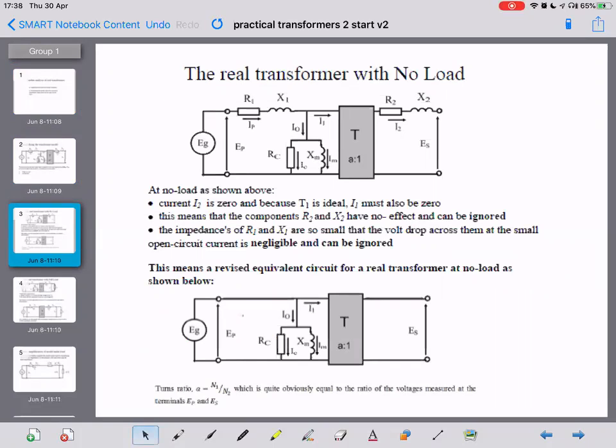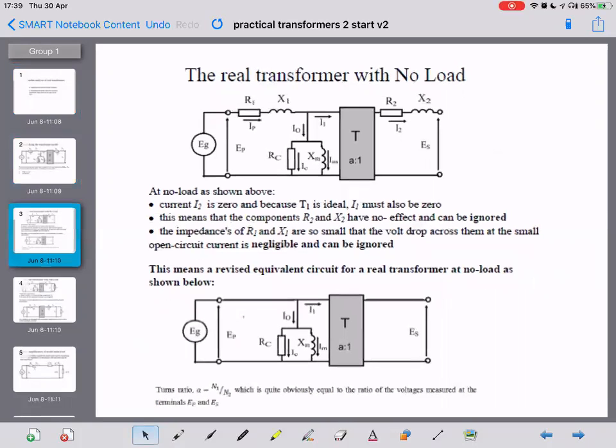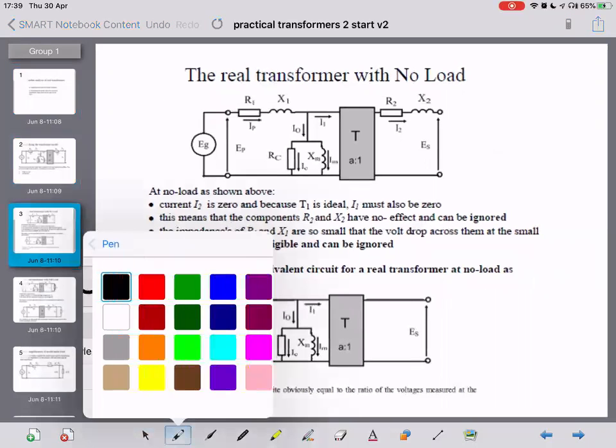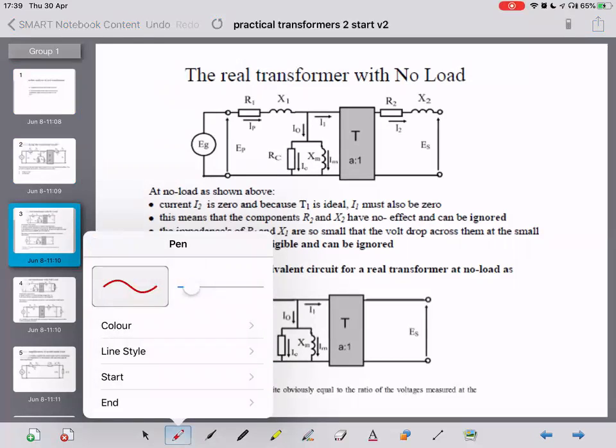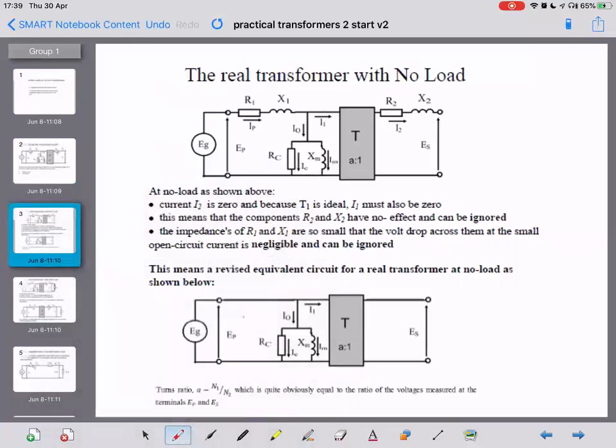So if we look at this real transformer diagram with no load, if there's no load, there's no current I2 over here. So no current flows here, I2. Because if there's no current flowing in the secondary, because this transformer is ideal, then there's no current flowing in this bit here either, beyond that node.